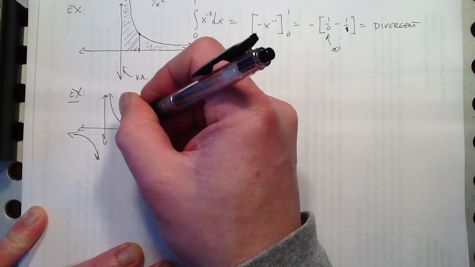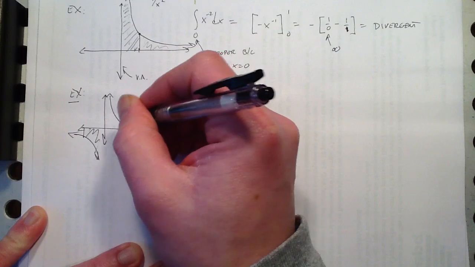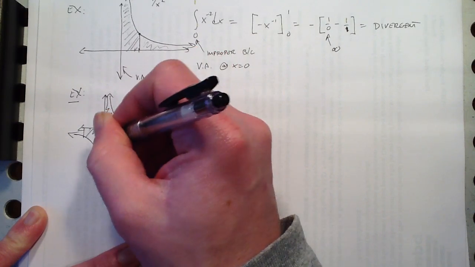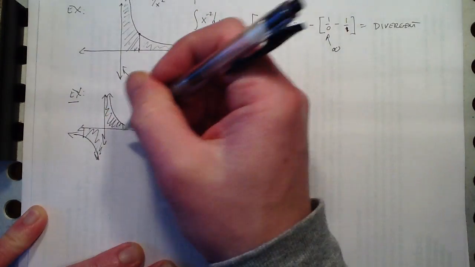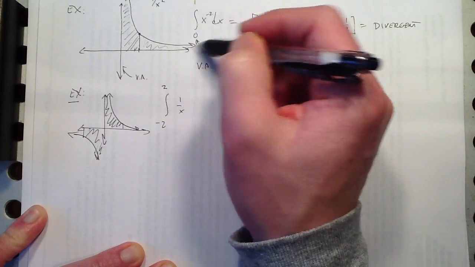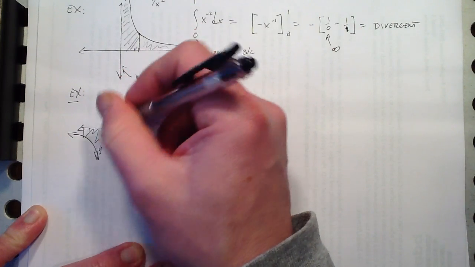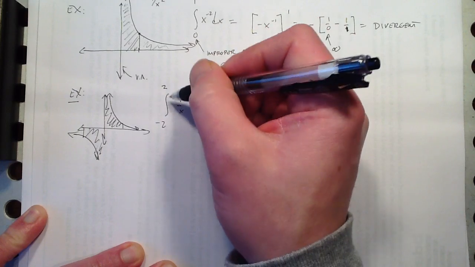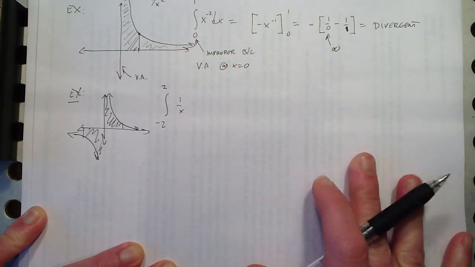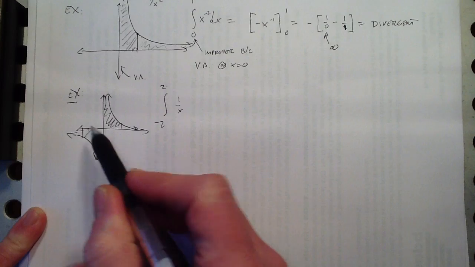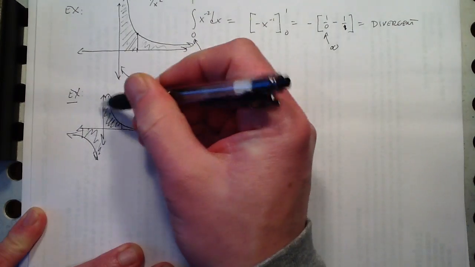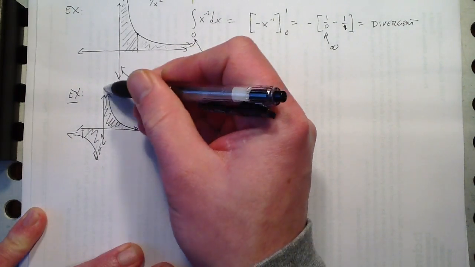It really does help to picture these things to see why they're improper. Well, it's the same situation as this, right? We're coming up against the vertical asymptote of the function. Now here, you might be in trouble because if you just blindly did this problem, you might not notice that you've jumped over the vertical asymptote.